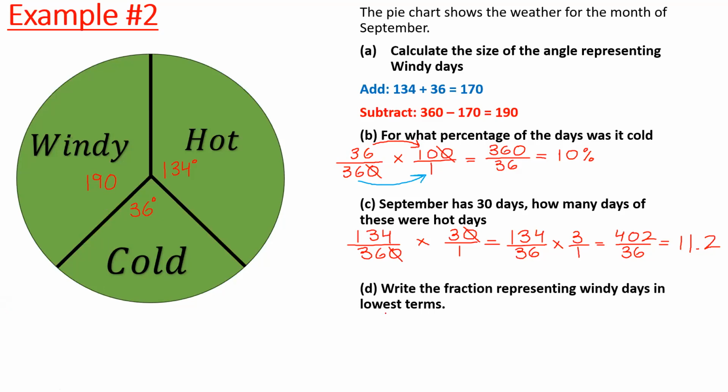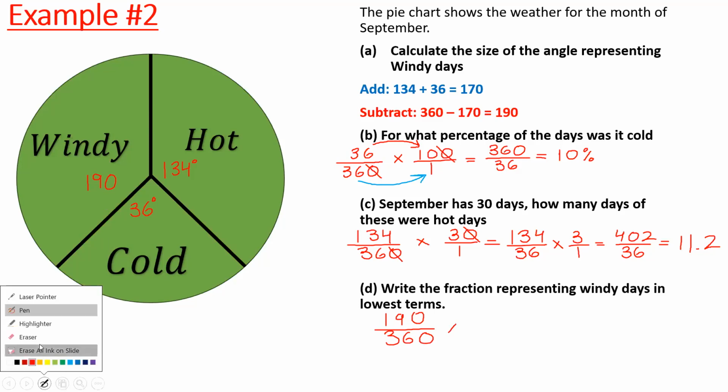So we say 190 all over 360. We don't multiply by anything. We just have to simplify it, right?